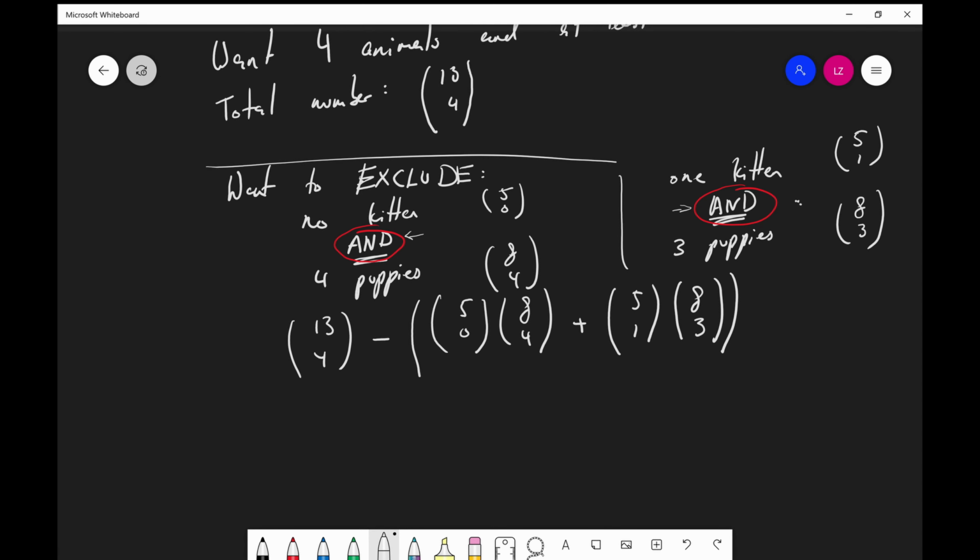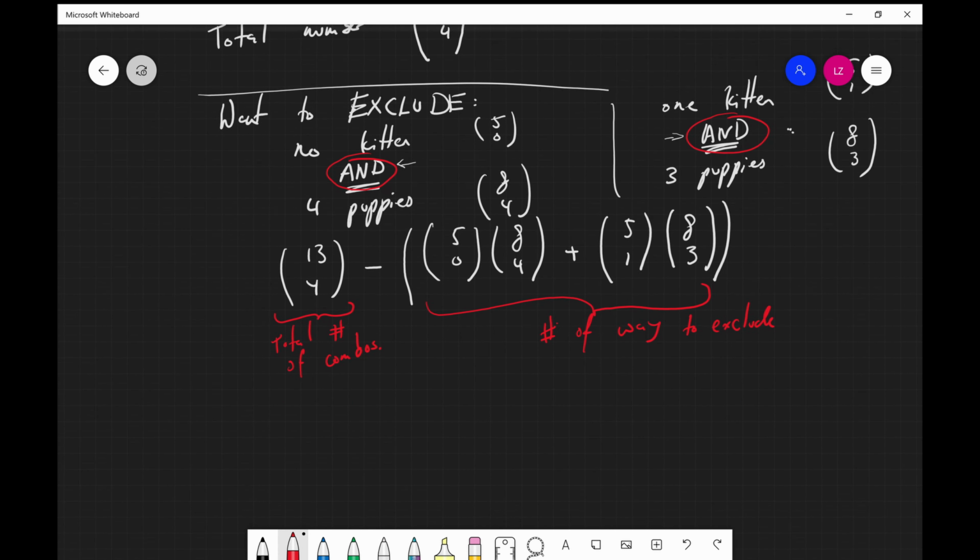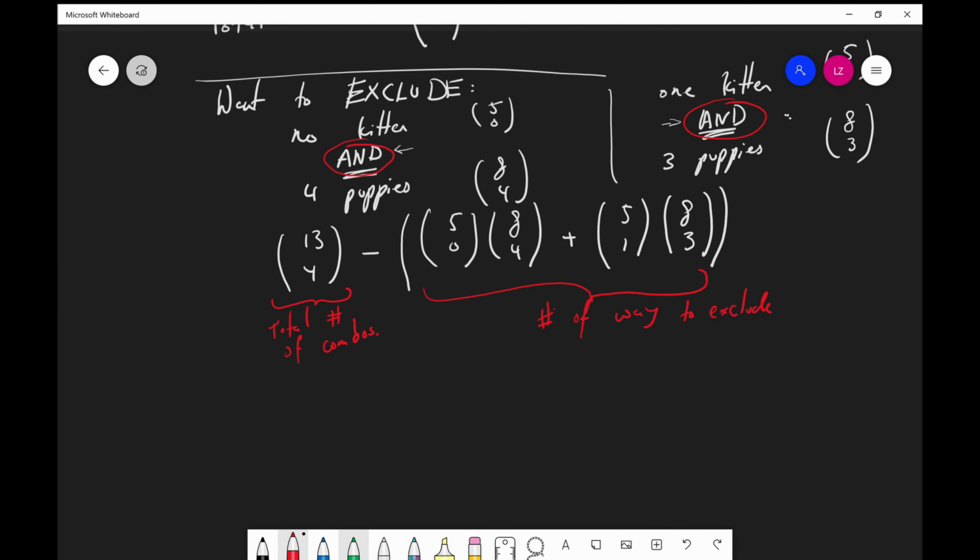Now I'll just annotate this real quick. Number of ways to exclude, total number of combos. Now, you can cheat like I did, or you cannot, but I cheated.